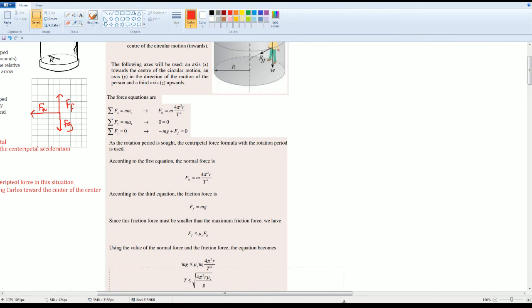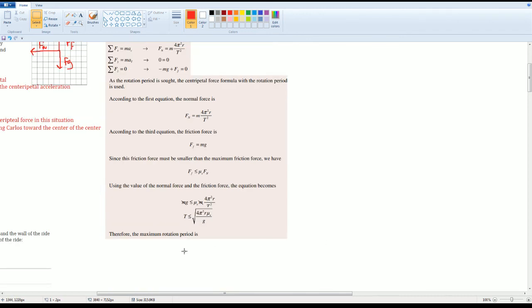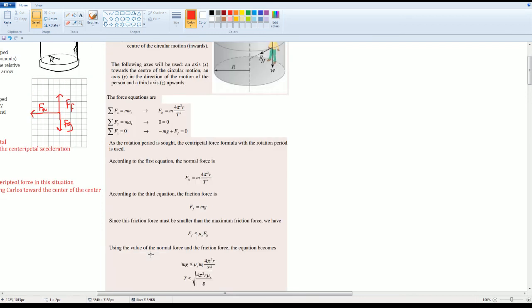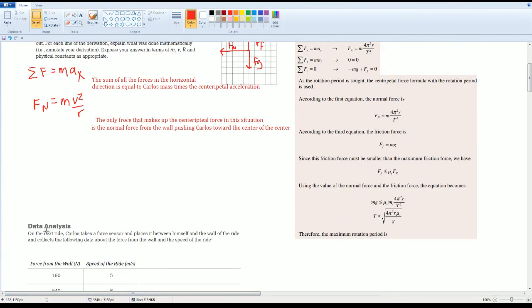In this problem, all they decided to do is find the period, because an old problem is finding the maximum rotational period, right? How fast does the ride have to spin so that you don't slip off? And this is one way of calculating it. All right, so we're good there.